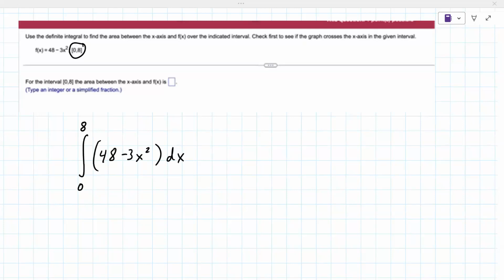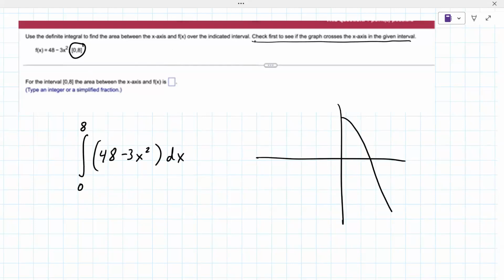Okay, so there's a little wrinkle to this. It says this comment, a check to first see if the graph crosses the x-axis. So the reality is that this graph actually does. From 0 to 8, it crosses like that. Here at 4, this is 8 and that's 0.